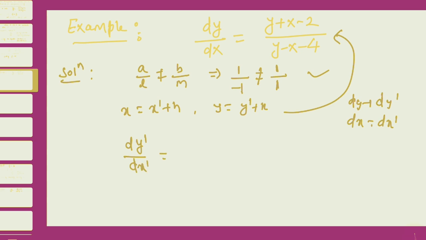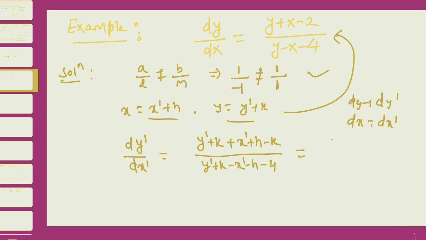So our new equation will be dy'/dx' equal to, replacing these values in the original differential equation, (y' plus k plus x' plus h minus 2) divided by (y' plus k minus x' minus h minus 4).